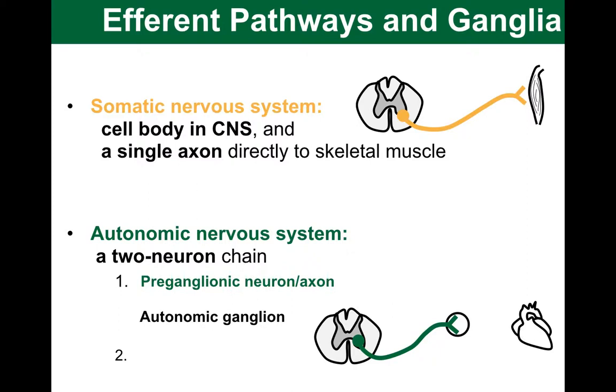And then the postganglionic neuron is outside the central nervous system. Its cell body synapses with the preganglionic axon in the autonomic ganglion, with the postganglionic axon then running to the effector organ. And on this diagram, it is the heart. So see how these two differ significantly in terms of their efferent pathway arrangement.